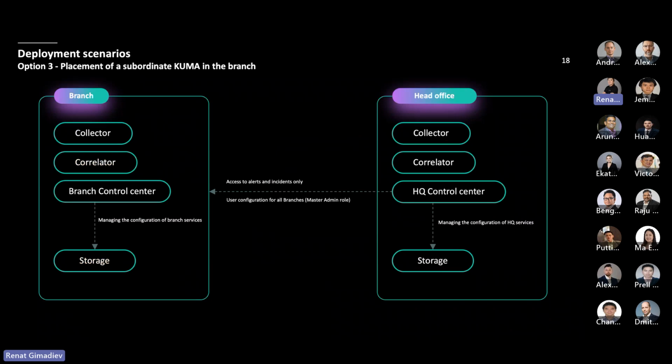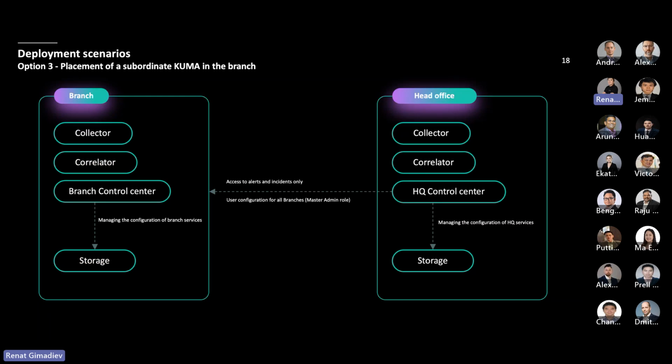So we configure the head office deployment, configure KUMA in the main branch, and then we need to set up the hierarchy, the network interaction between these two installations.